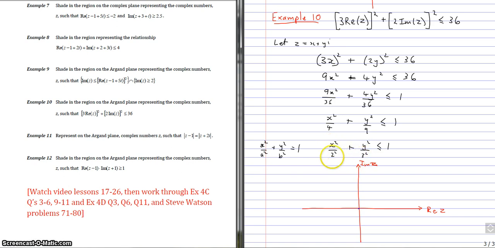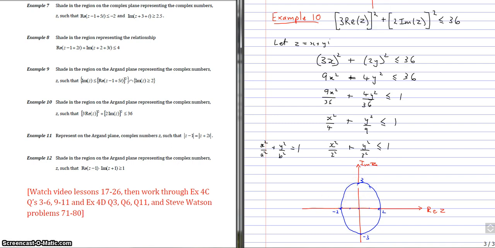So in the horizontal direction it's 2, so we can put here 1, 2, and we know it passes through those points, 2 and negative 2, and this other one is 3, so we can go up 3 and down here at negative 3. So our ellipse, let me just tidy that up a little bit.